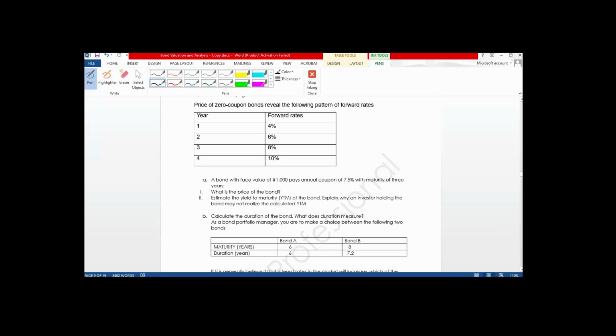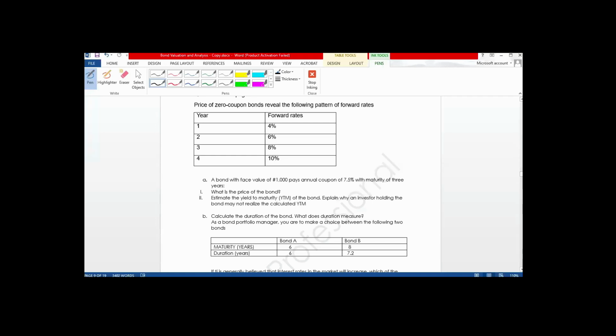the yield to maturity of a bond is the internal rate of return of the cash flows from the bond. Please don't forget, the yield to maturity of a bond is the internal rate of return of the cash flows associated with the bond.